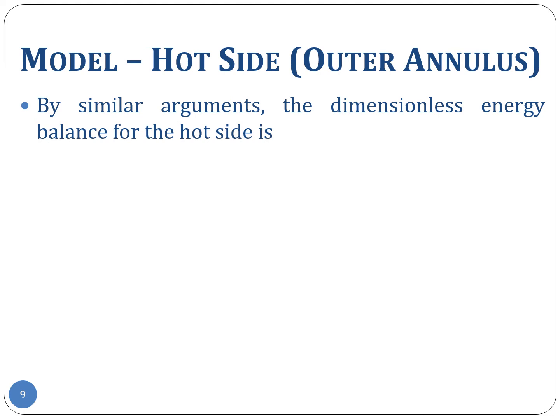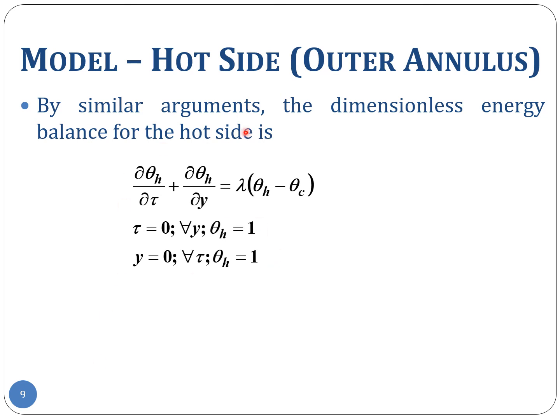So if we have derived a model for the cold side, now we go ahead for the hot side, but by similar arguments, the dimensionless energy balance for the hot fluid will be the same. Same kind of structure will be seen. But now here the dimensionless temperatures in the initial conditions are 1, because if you recall, this theta is defined as T_H minus T_C in, divided by T_H in minus T_C in.